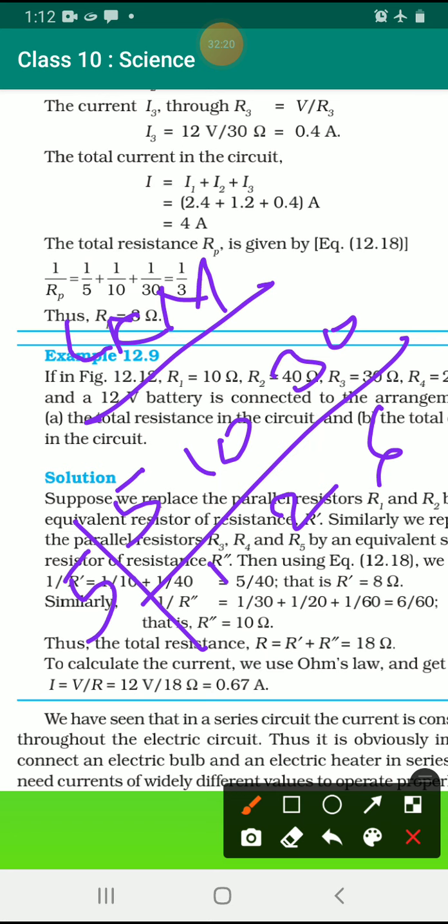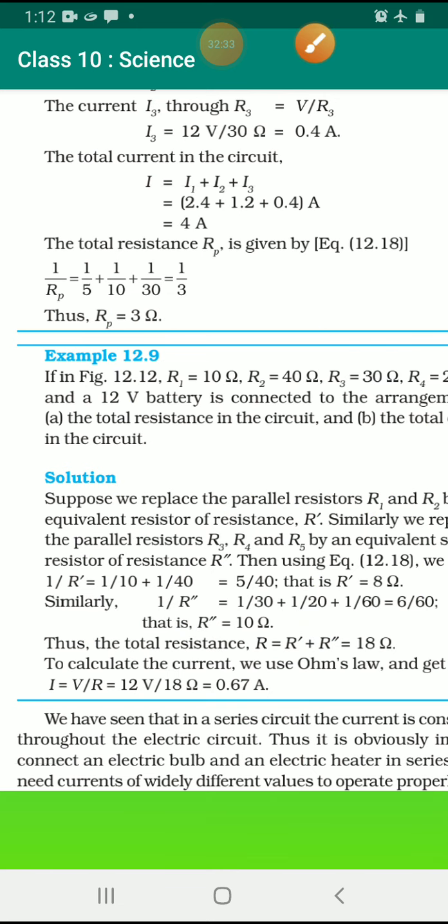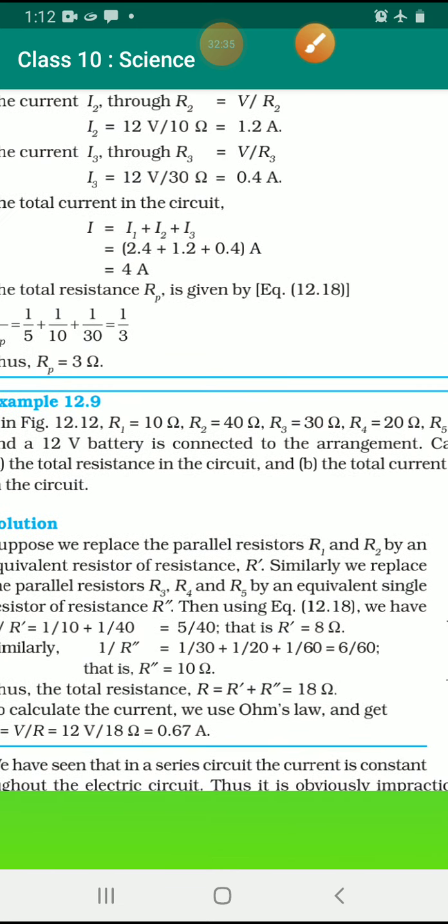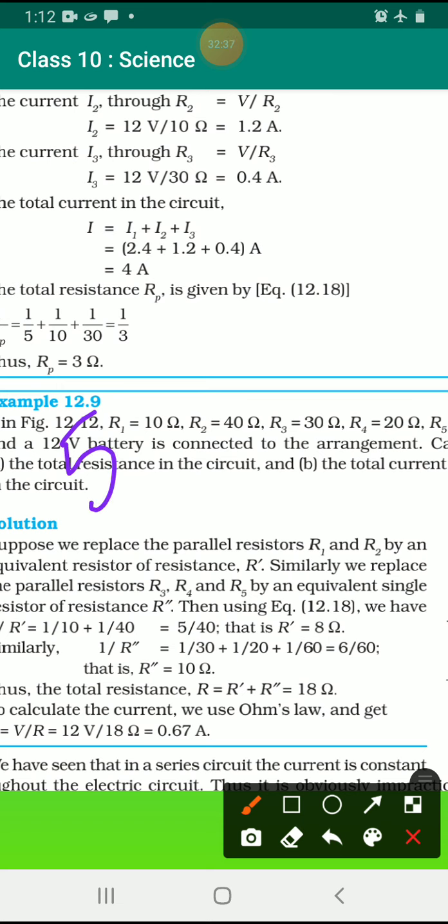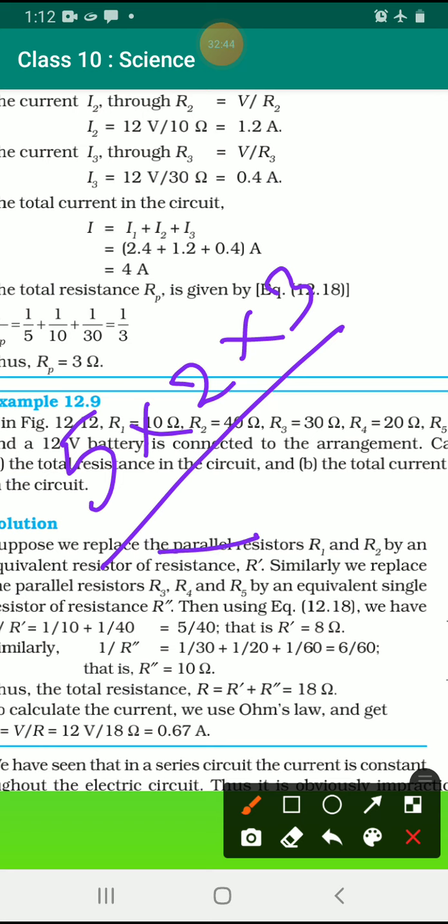Next it goes by 2, then by 3. So 5 into 2 into 3, that is 5 twos are 10, 10 threes are 30. As you can see, the denominator we get as the LCM is 30.